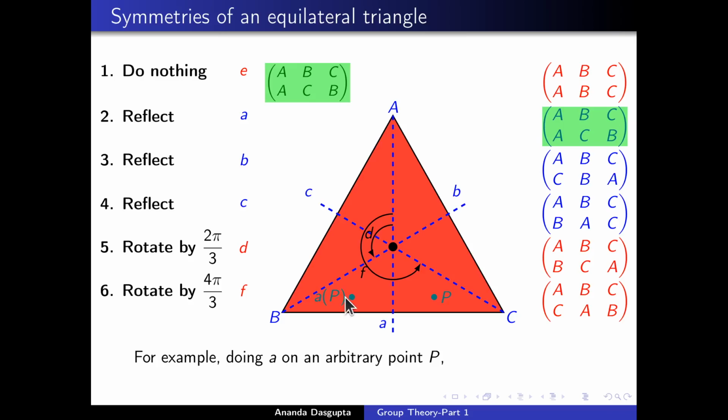So you will see this happen at 2 stages. You will see what happens to the point as you do the geometrical operation. You will also see what happens to the permutation. So after the operation A, let us do another operation.